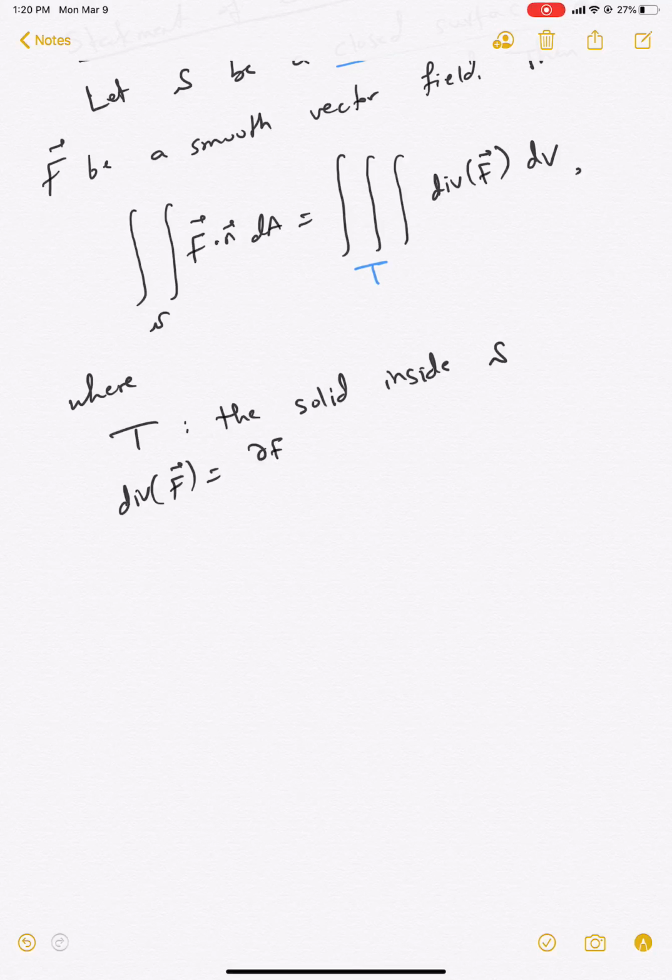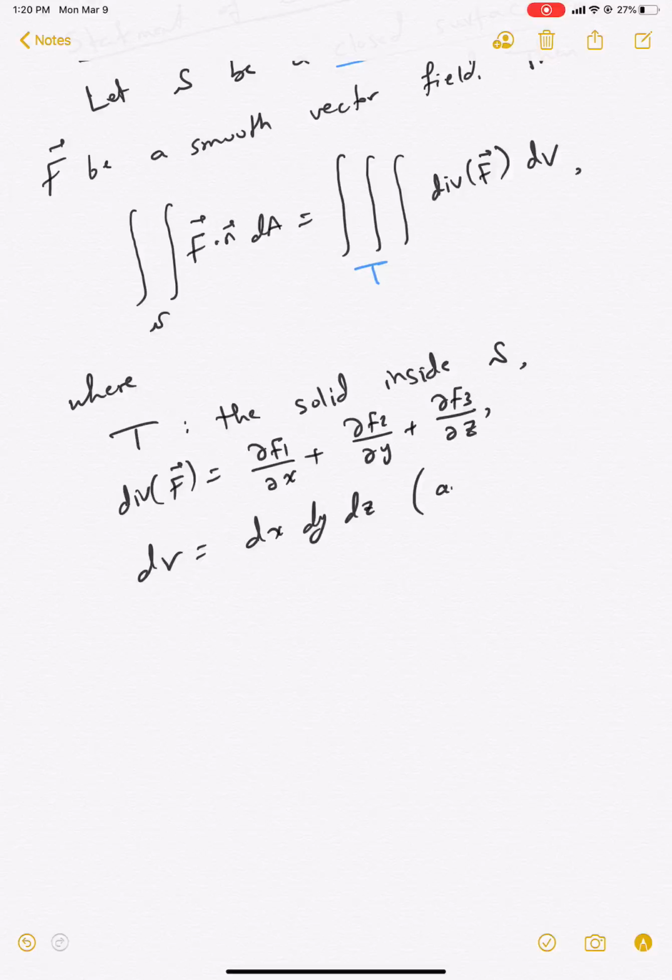The divergence of F is: we take the first component of F differentiated with respect to x, the second with respect to y, and the third with respect to z. What is dV? dV is the standard dx dy dz, of course, in any order. Can we say any order? Yes, because we're assuming our functions are smooth, so the divergence itself is continuous, and when the function is continuous, there is no difference in the order dx, dy, dz. You can write it in any order. You have 6 orders for that.